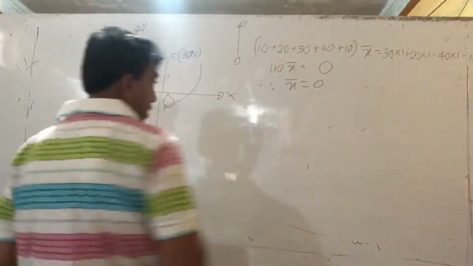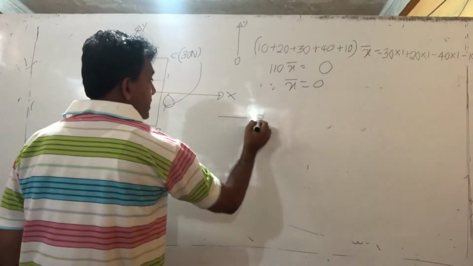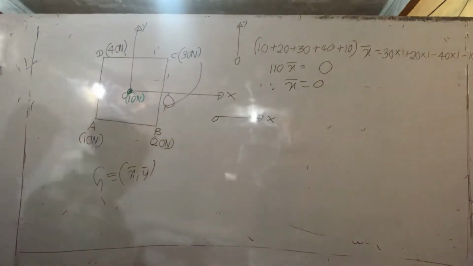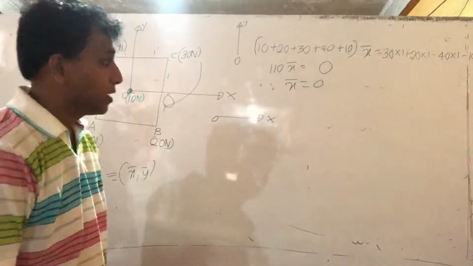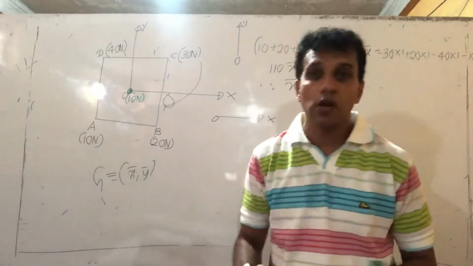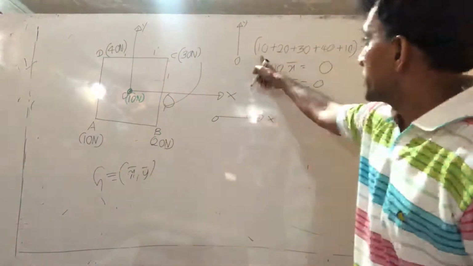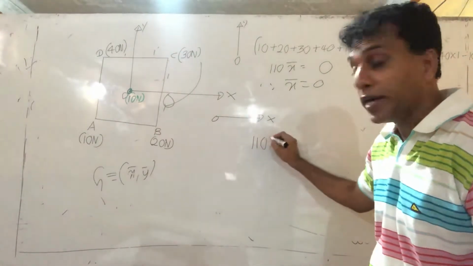Okay, now I find the y bar answer. Take the moments about the x-axis. The resultant moment equals the algebraic summation of all the other moments, right? Very same method. 110 y bar, right?